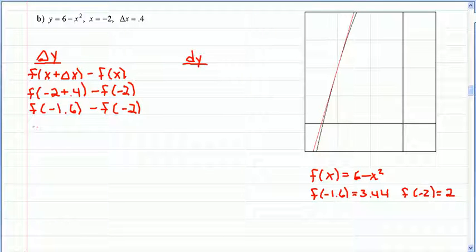So delta y is equal to 3.44 minus 2, which is 1.44.